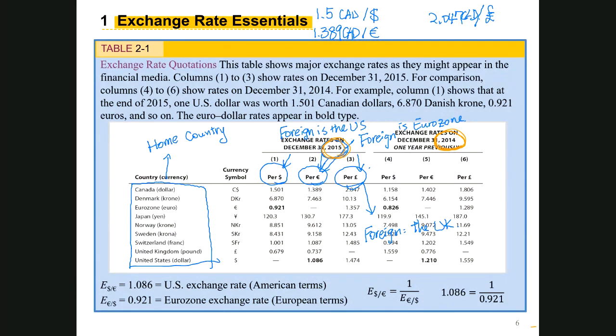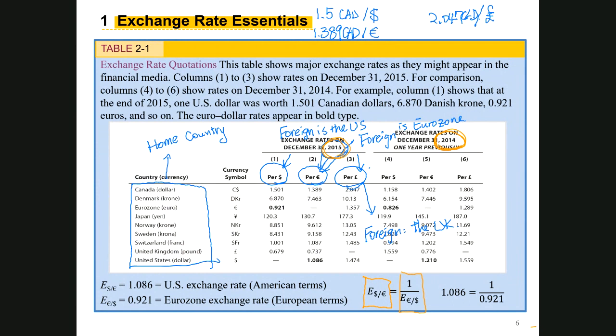Okay? And then this table also tells you in the end here, if we just reverse the home country and the foreign country, the exchange rates between them are just reciprocals. Let's take a look at the example here.